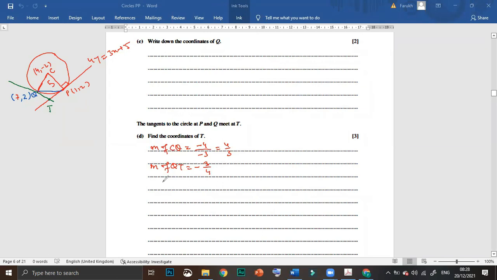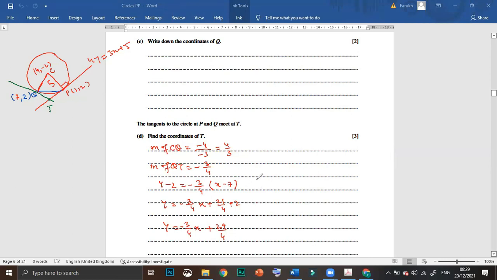Equation of QT is y minus 2 is equal to minus 3 over 4 into (x minus 7), minus 3 over 4 x plus 21 over 4 plus 2, minus 3 over 4 x plus 29 over 4 is the equation of the other tangent TQ.